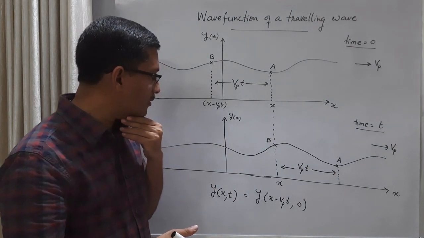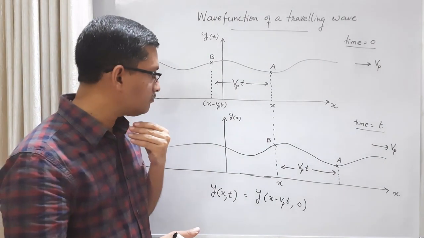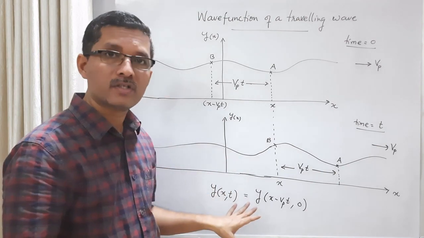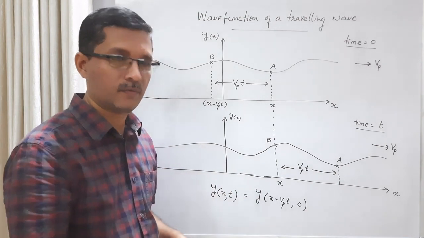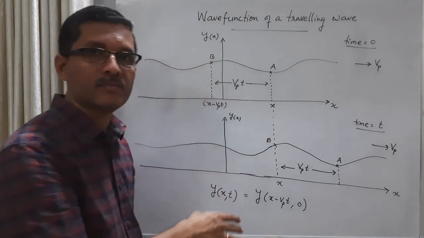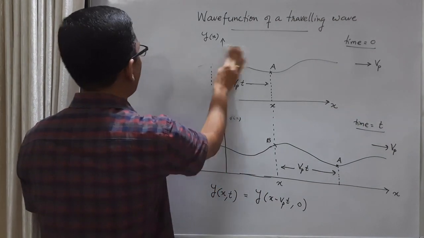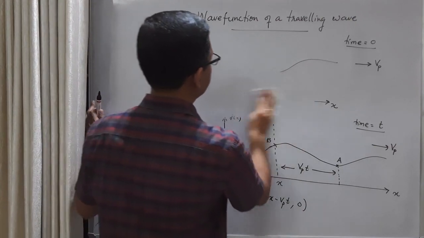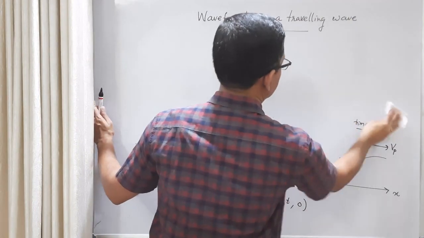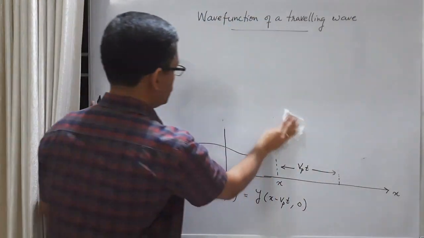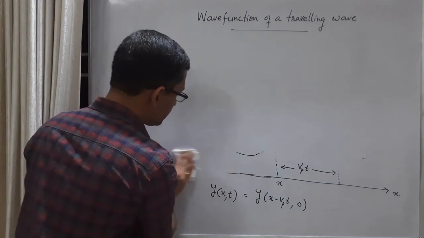Let me write the wave function in terms of a cosine function. Let us see, first at the time 0 and then at the time t. I will maintain this result here.